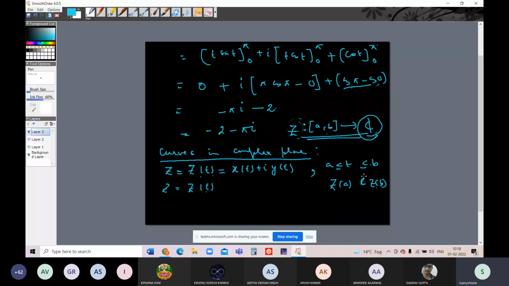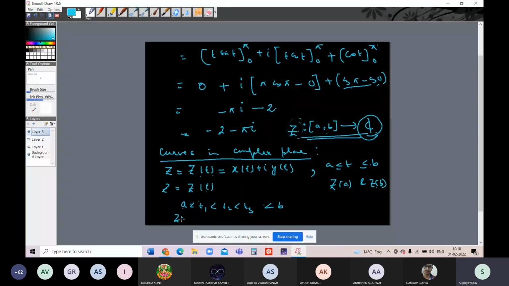Suppose from a to b, we write some points here. There is a, then after that t1, then t2, then t3. Actually there are continuously lots of points between this interval a and b, and this is b. So corresponding to this point a, we will get a point in complex plane, z(a).